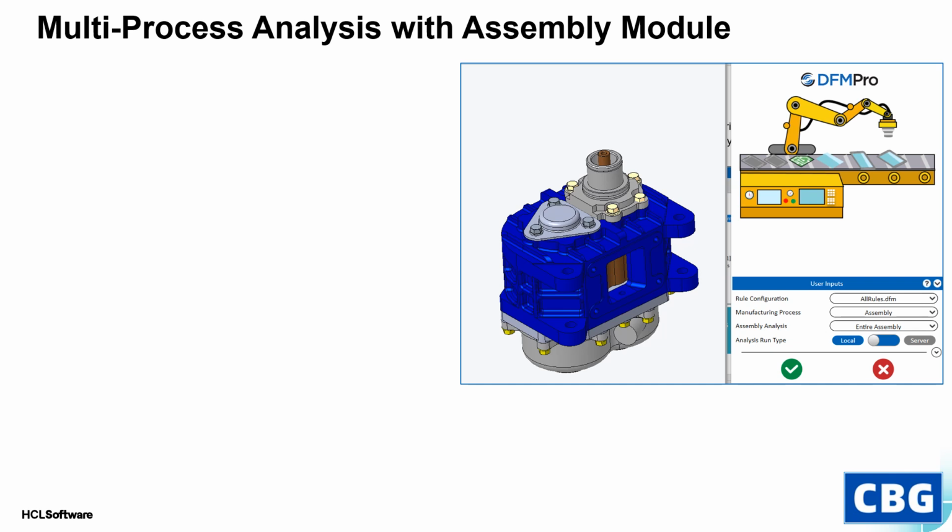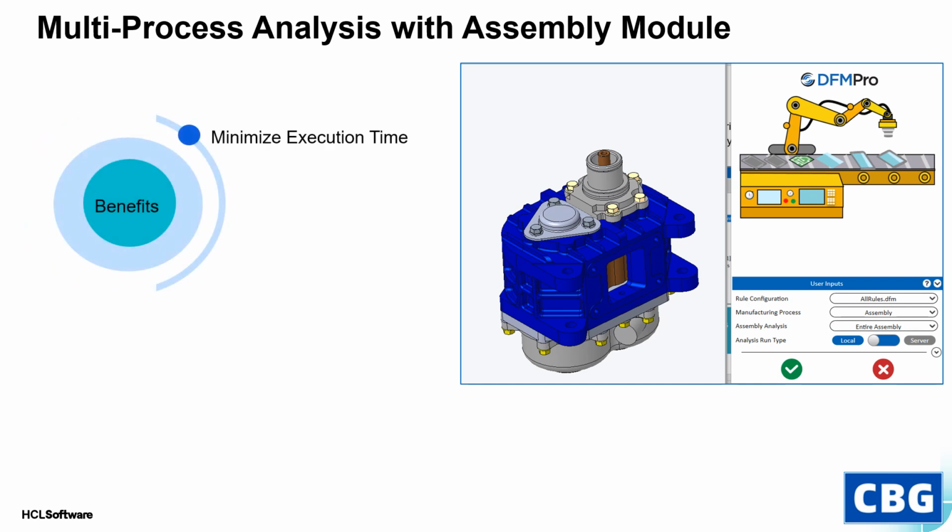Earlier, checks related to tubing and welding could only be checked separately. The benefits of this particular enhancement include reduction in the execution time and a combined results file for the complete assembly, enabling a quick review for all assembly specific recommendations.